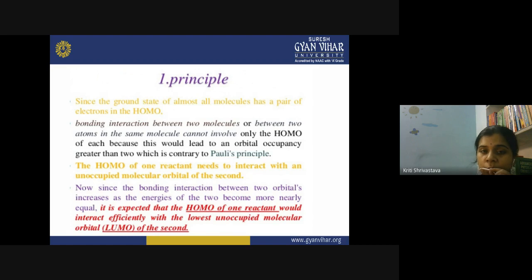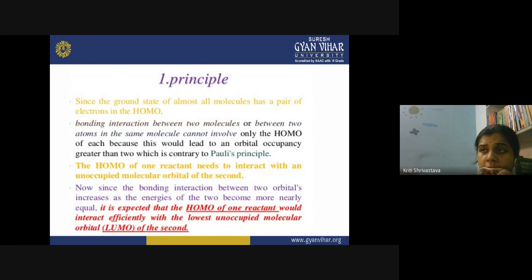The HOMO of one molecule cannot react with the HOMO of another molecule because, according to Pauli's exclusion principle, the orbital occupancy cannot be greater than 2. Orbital occupancy is how many electrons can be present in any orbital. What is the maximum number of electrons in any orbital? It is 2, right?